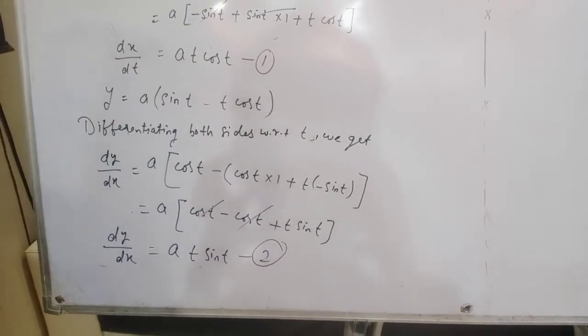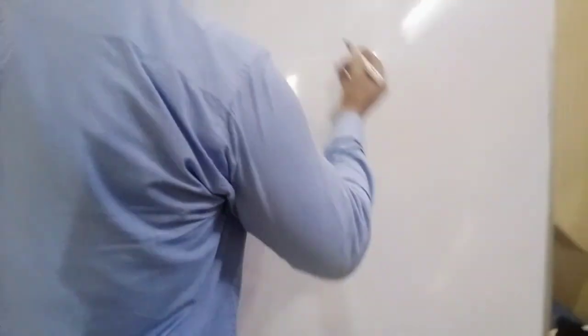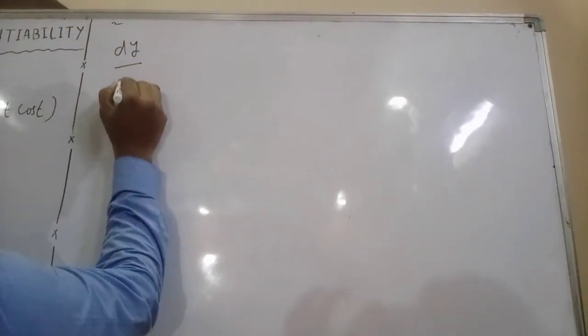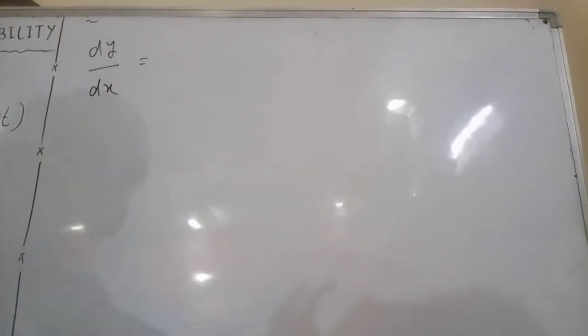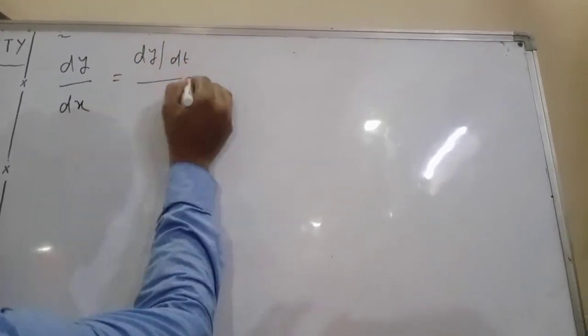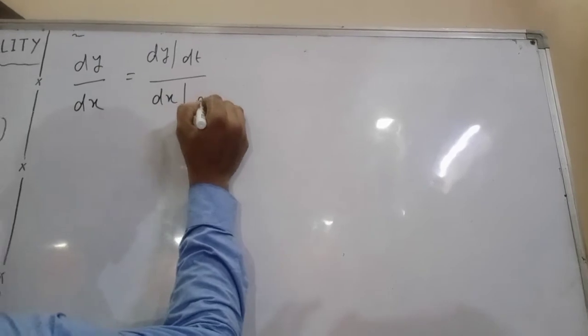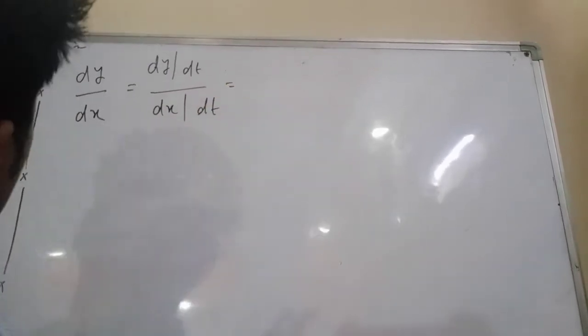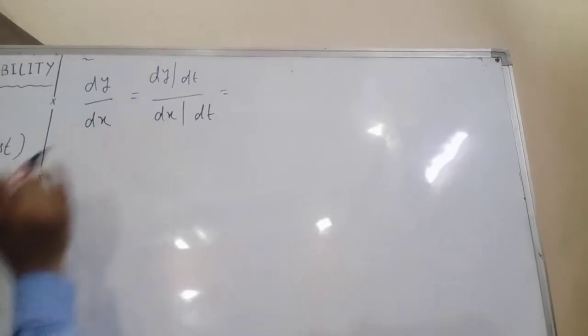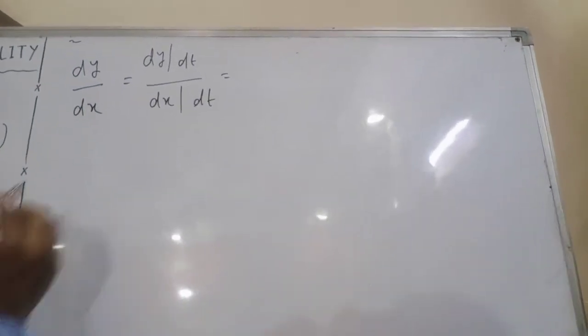Fine. Now as you know that your dy by dx would be dy by dt over dx by dt. So this is the formula. This is the main formula which you have to apply. Fine.